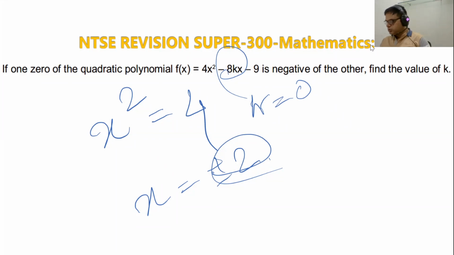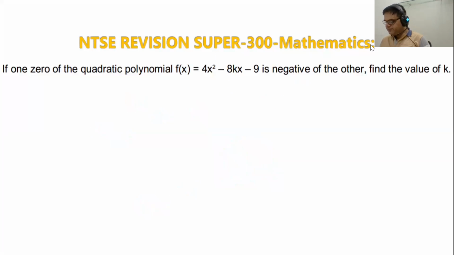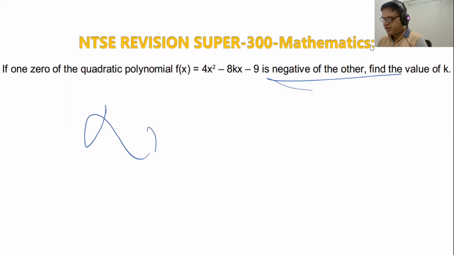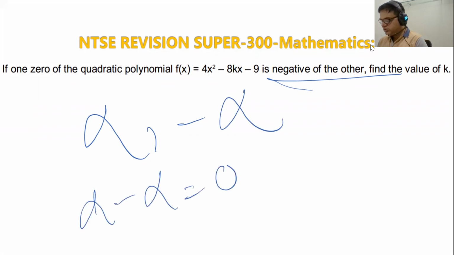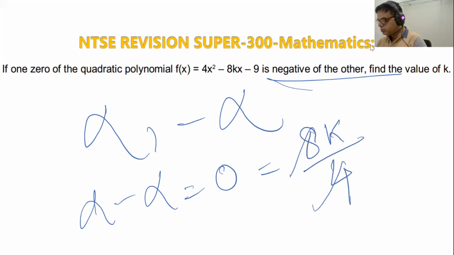Now coming to the solution of the question, कि ये question आता है एग्जाम में तो कैसे करेंगे भाई. हमें पता है कि the one zero is negative of the other, तो अगर एक जीरो अल्फा है तो दूसरा जीरो माइनस अल्फा होगा. The sum of the zeros is alpha minus alpha, which is equal to 0, which is equal to minus b by a, that is 8k divided by 4, which is equal to 2k.